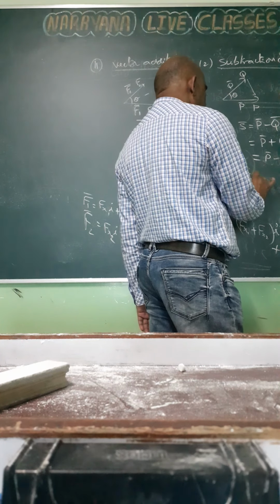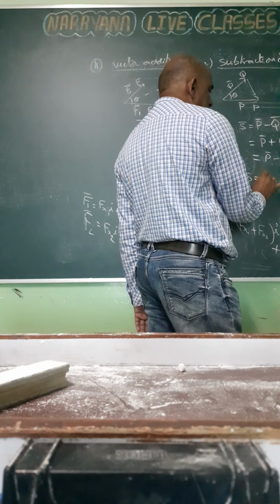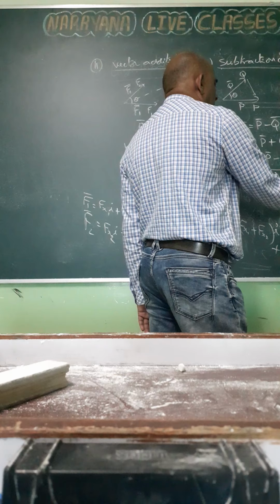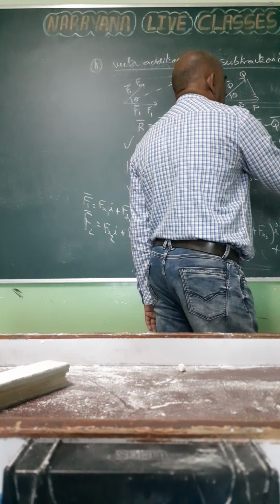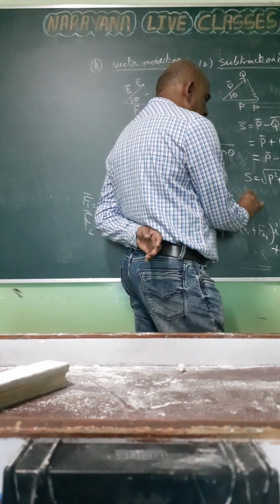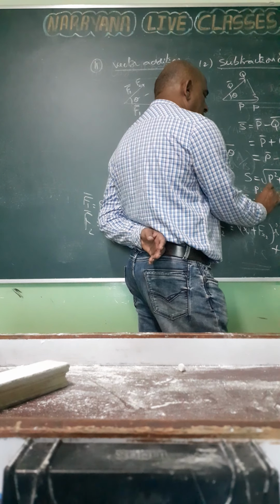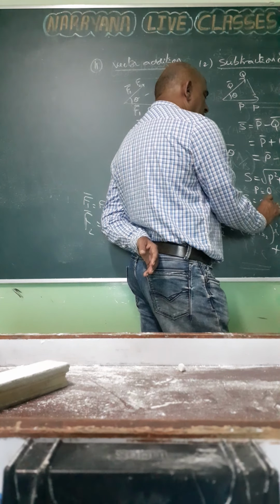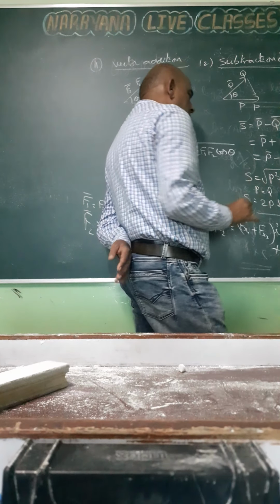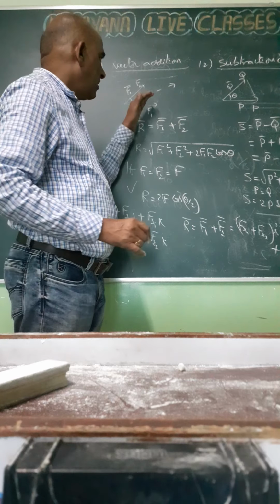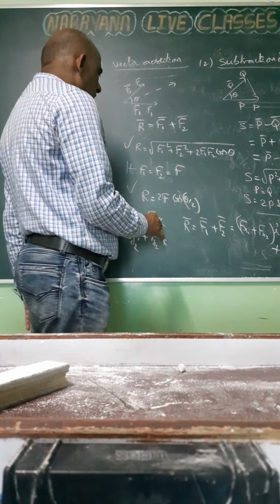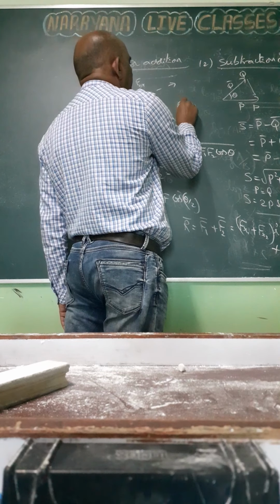Then what is the magnitude of S bar? S is equal to root of p square plus q square minus 2pq cos theta. If p and q are equal in magnitude, then S is equal to 2p sin theta by 2. These are for subtraction of vectors, and those were for addition of vectors. Addition of vectors, example, resultant force.